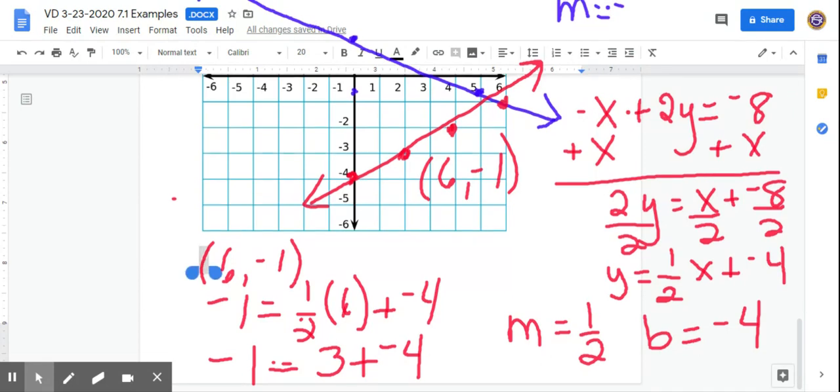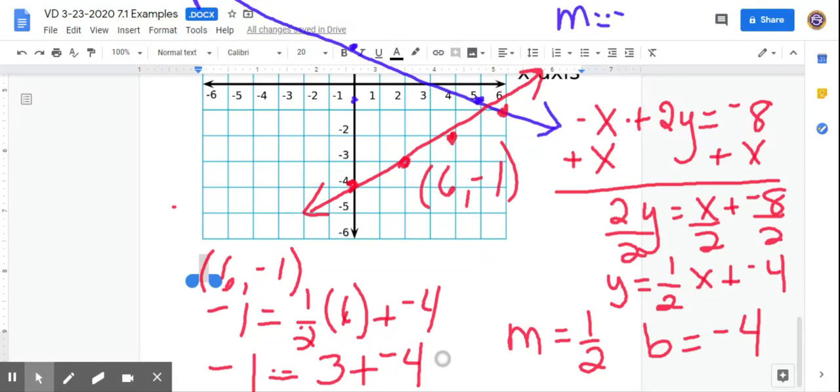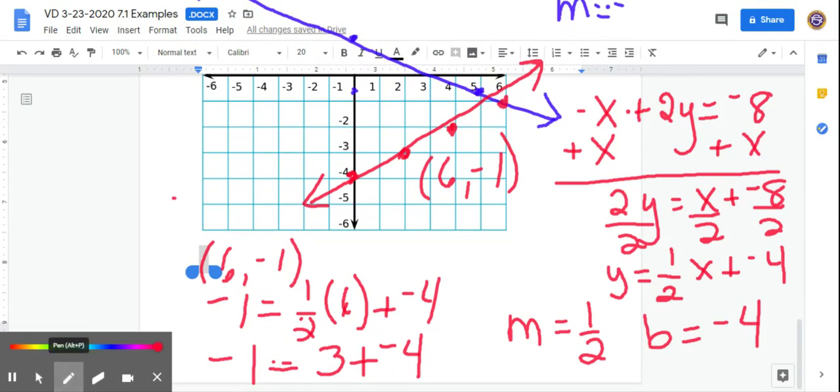I guess I ran out of room. So that works. And you can do the same thing for the first equation, and it would work also. So your solution here is going to be (6, -1).